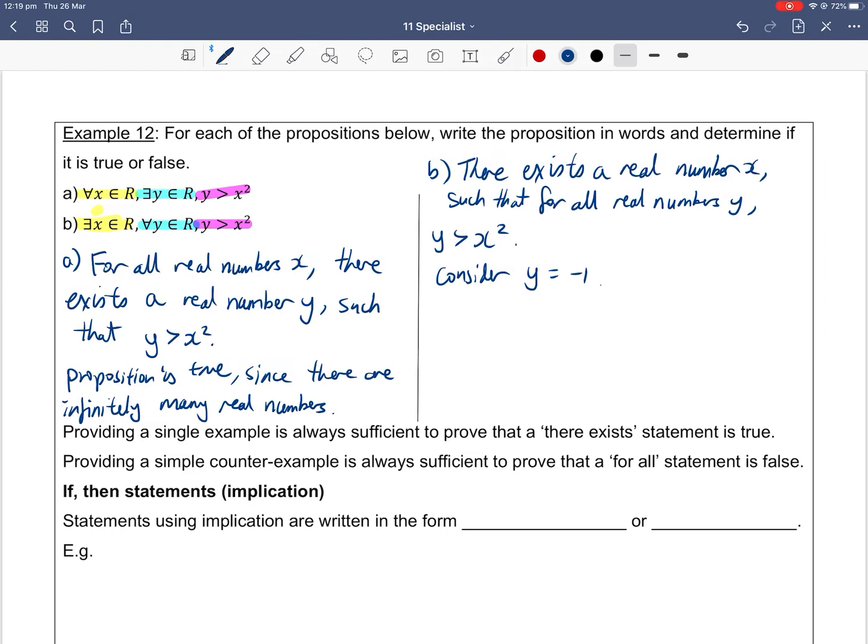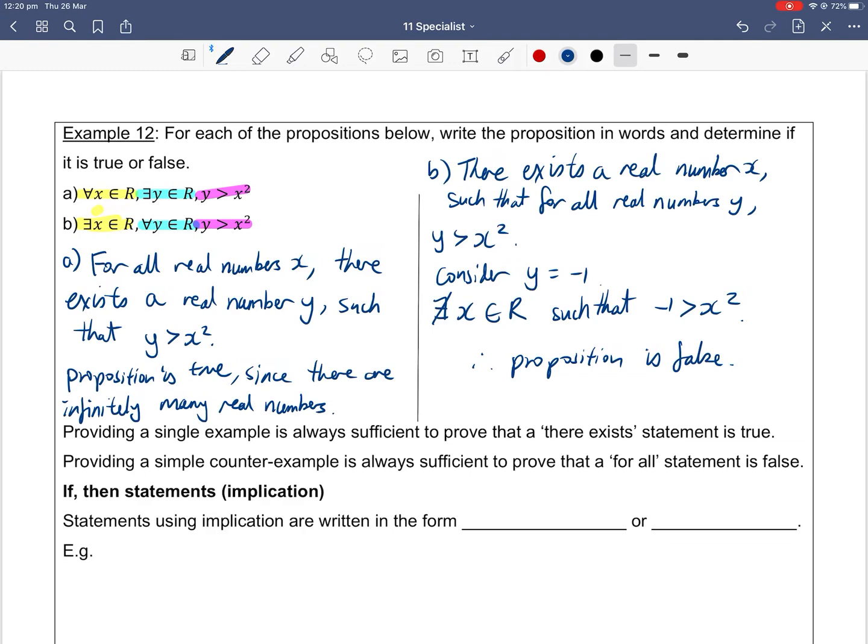So it's false. If you let y be -1, then there does not exist an x in the reals such that -1 is bigger than x squared. So therefore the proposition is false.